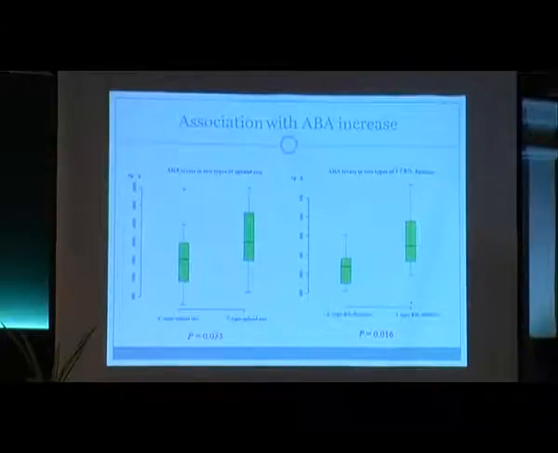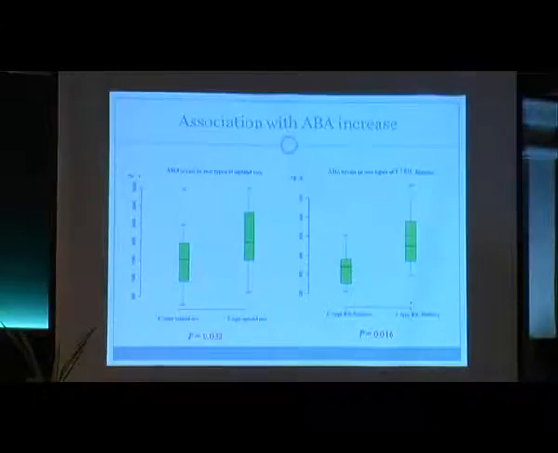We also have a recombinant inbred lines population, and after measuring the ABA level in this population, we got a consistent result. The T-type families have a significantly higher ABA level than the C-type families.